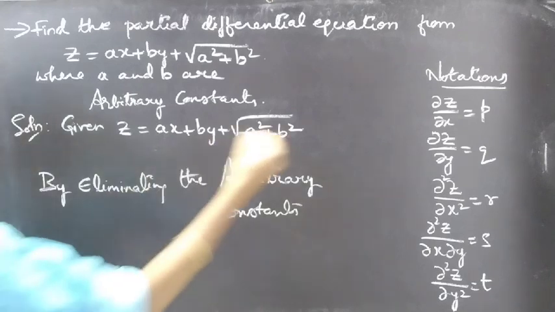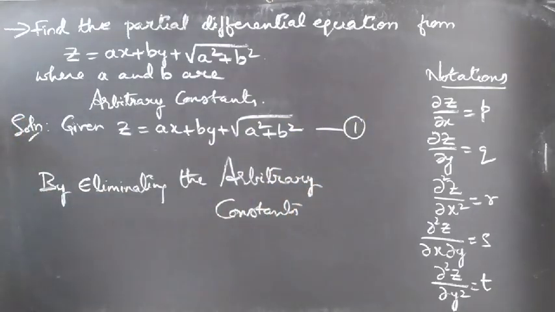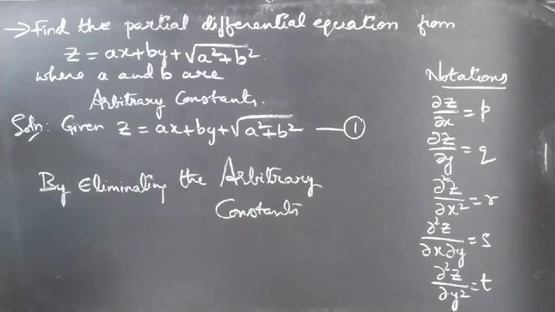Right. So consider the given relation as equation 1. Now we'll partially differentiate 1 with respect to x and with respect to y.